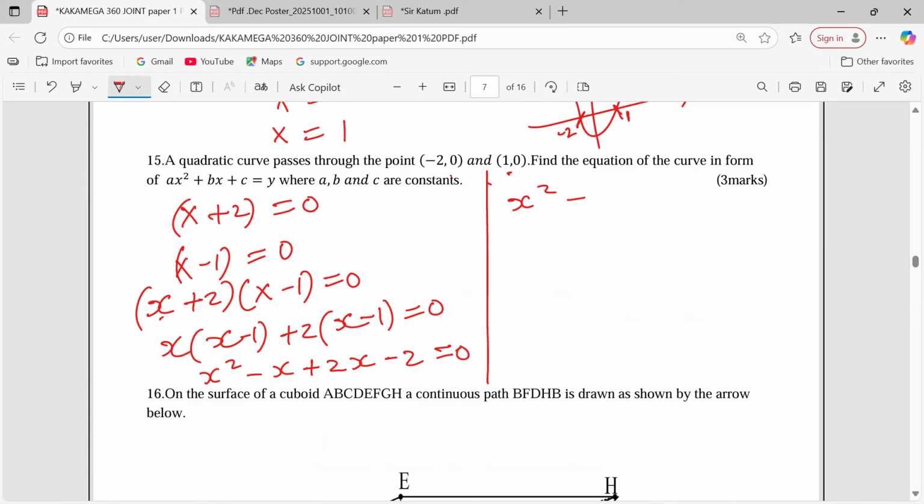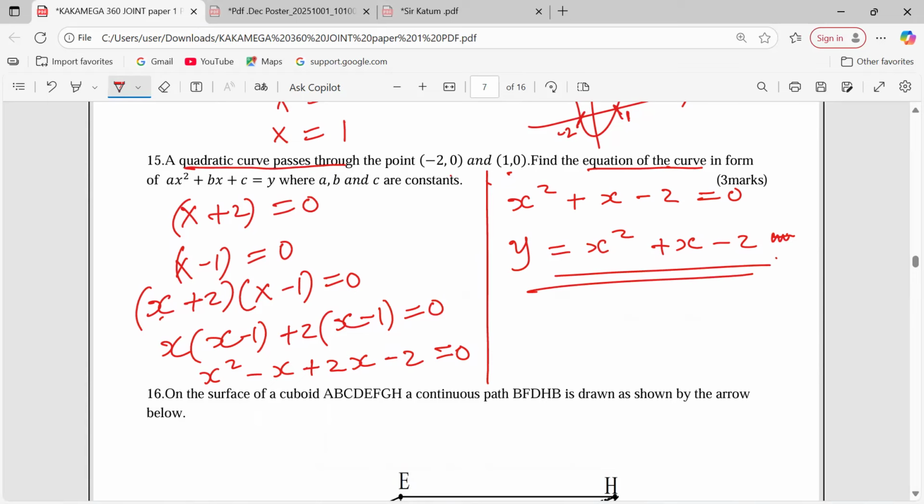X squared plus x, because of -x and 2x, minus 2 equals to 0. So now we talk about the function, the equation of the curve. It should start with y: y equals x squared plus x minus 2. We just introduce the y there.